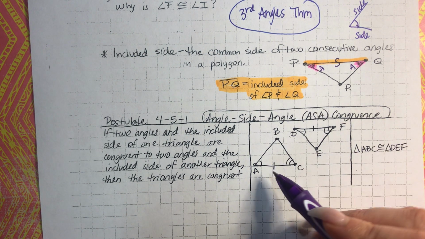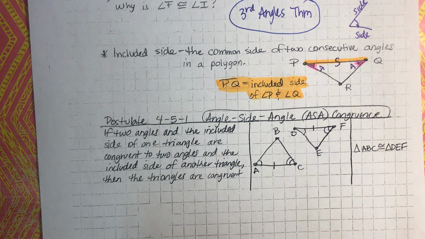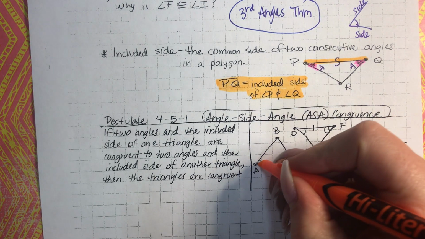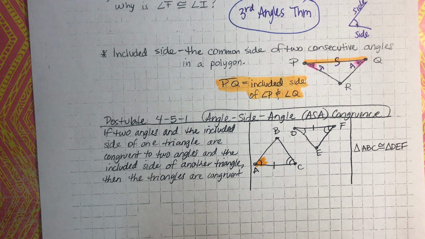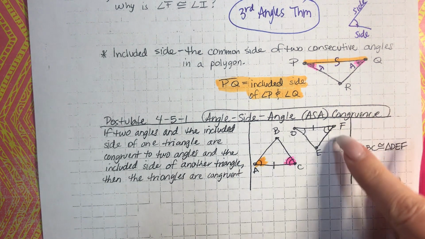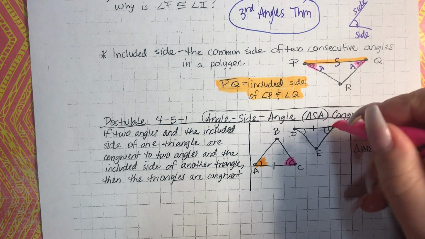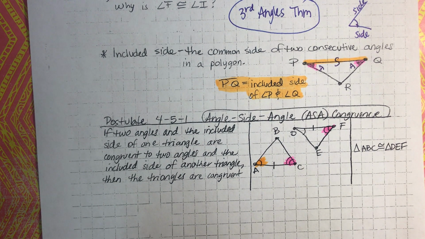So let's look at these two pictures. So I have an arc mark of 1 and an arc mark of 1 there. So that's one angle. And then I have an arc mark of 2 here and an arc mark of 2 there. Oh, why didn't I highlight that? I thought I did.